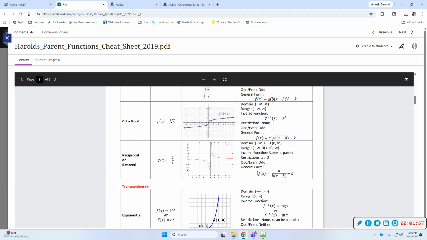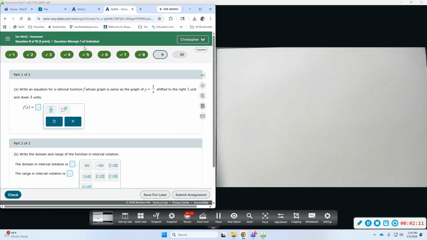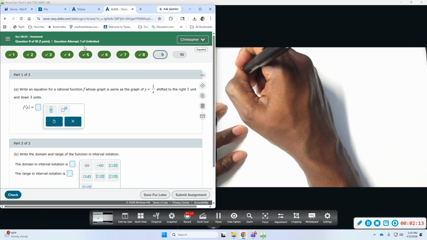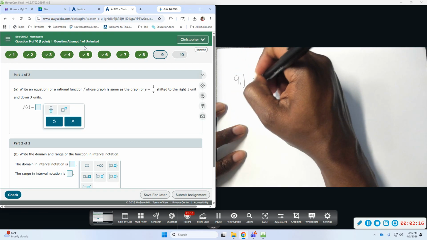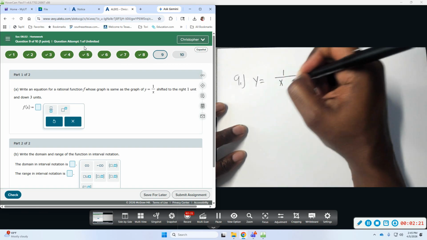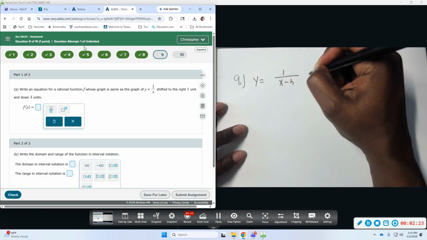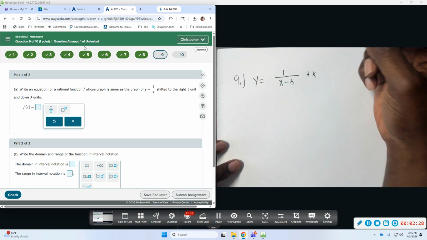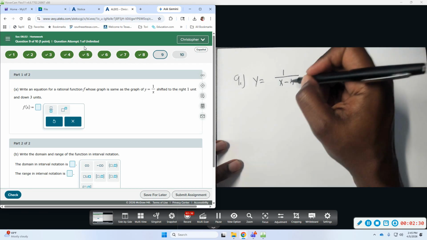So I'm going to be using this f of x equals a b x minus h plus k. Now we're still using 1 over x, but we're going to just do this transformation, h and k. All right, so let me minimize this. Let's go back. All right, so here's what we are looking at. Y equals 1 over x minus h, and then we have a plus k. And then we're going to plug in these values. So it says shifted right 1. So my h is going to be 1.